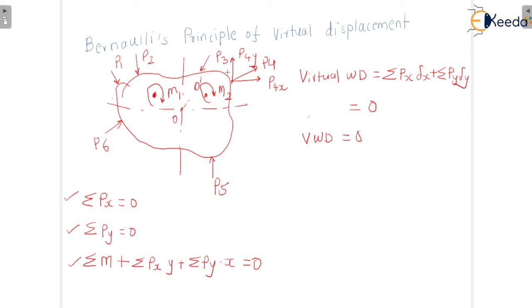Now for this particular body, suppose it is rotating by some angle theta. Suppose we consider any point Q(x, y), and it is at a distance of r from the origin. Let us draw this figure.